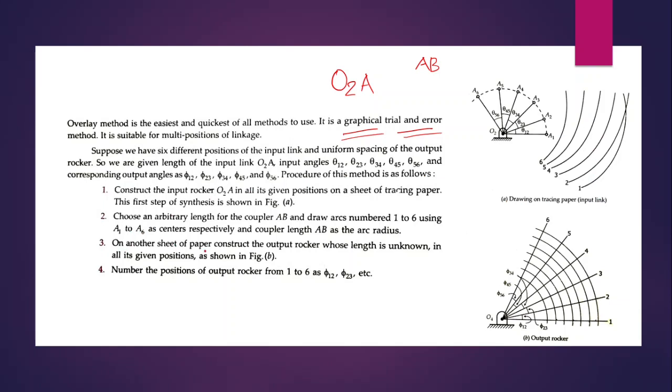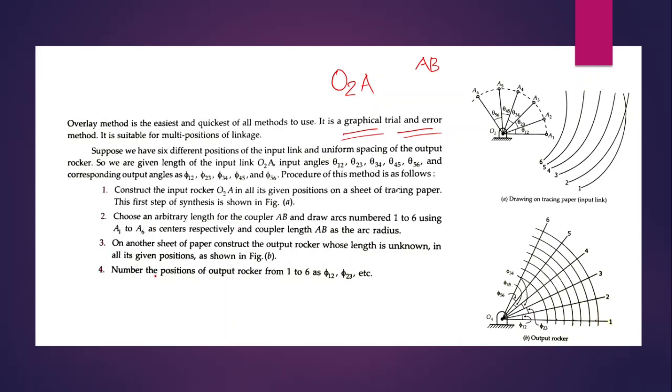And on another sheet of paper, construct the output rocker whose length is unknown, in all its given positions as shown in figure B. Here the length of the output rocker is unknown, so we can take different arcs to represent different lengths of the output rocker.